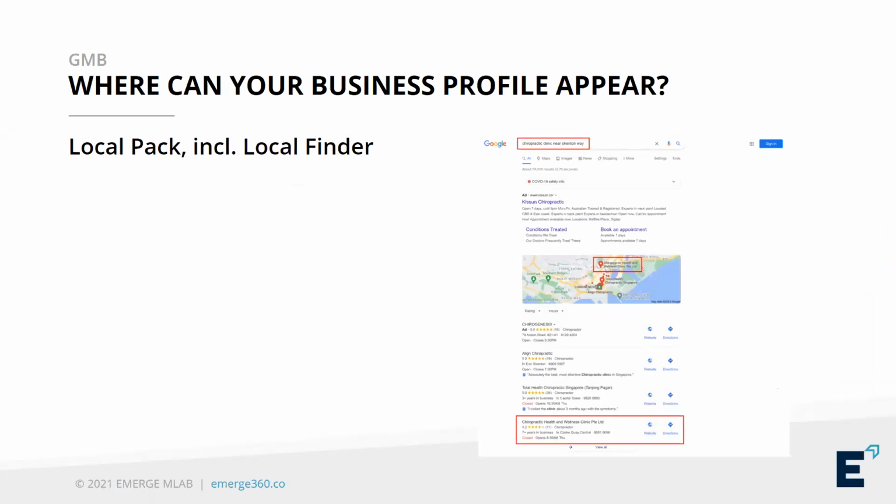Imagine if a prospect, a potential customer, were to look for your business. Take, for example, chiropractic clinic near Shenton Way, right? And if your clinic is located in that vicinity, and it shows up, can you imagine what it would do to your business? Will it actually be drawing more customers to your storefront?